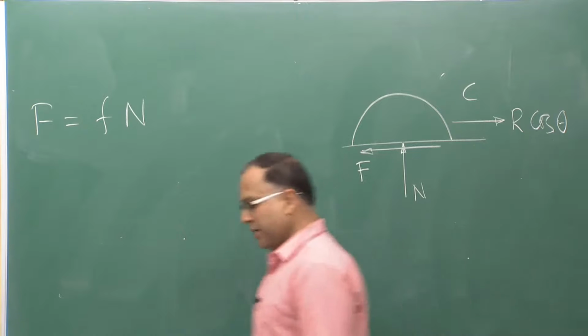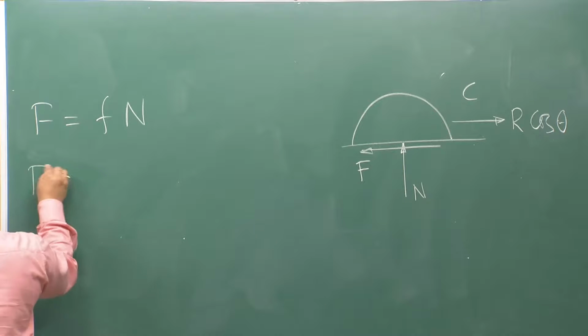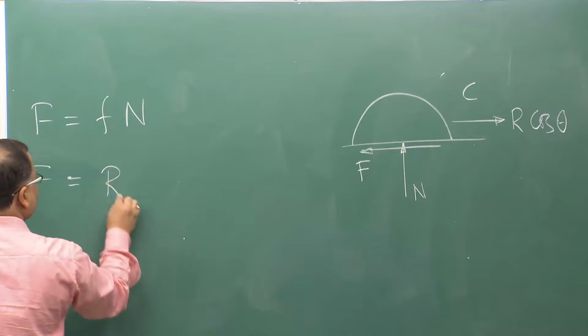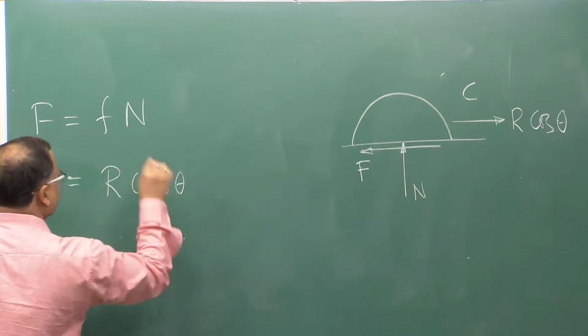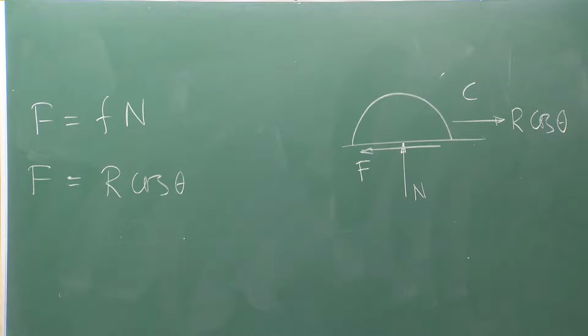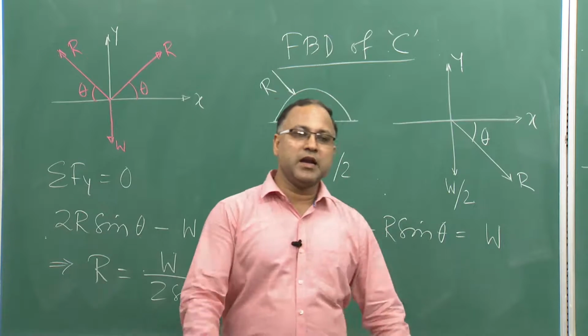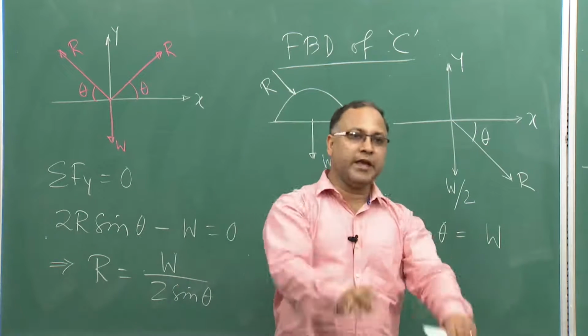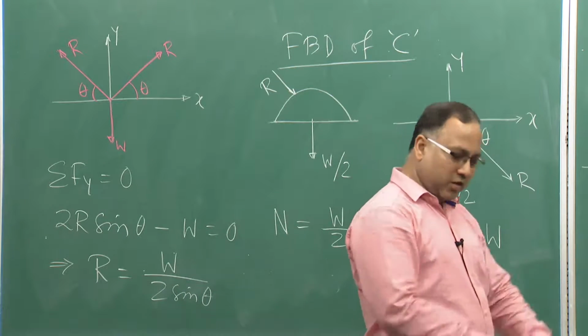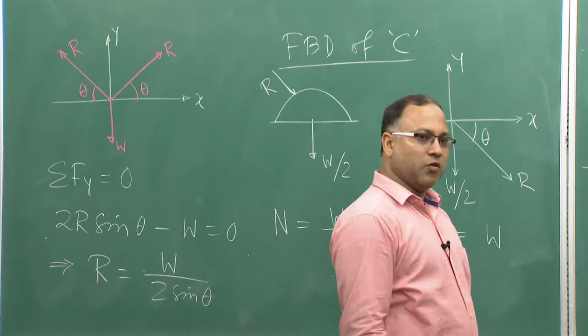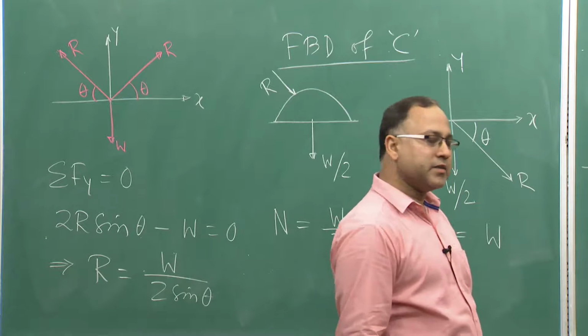So, for equilibrium, F should be equal to R cos theta. That is the condition for equilibrium. If R cos theta is greater than F, then the equilibrium will be disturbed and cylinder A will fall down, because cylinder B and cylinder C will be separated.